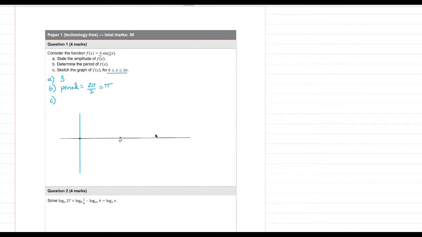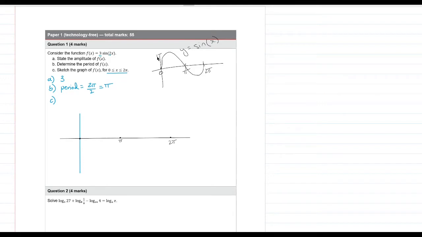This can be pi. This can be 2 pi. And we know that a regular sine graph is 0 at y equals 0, and we know that a regular sine graph looks like this, where it's between 0, pi, and 2 pi. So this is just y equals sine x.